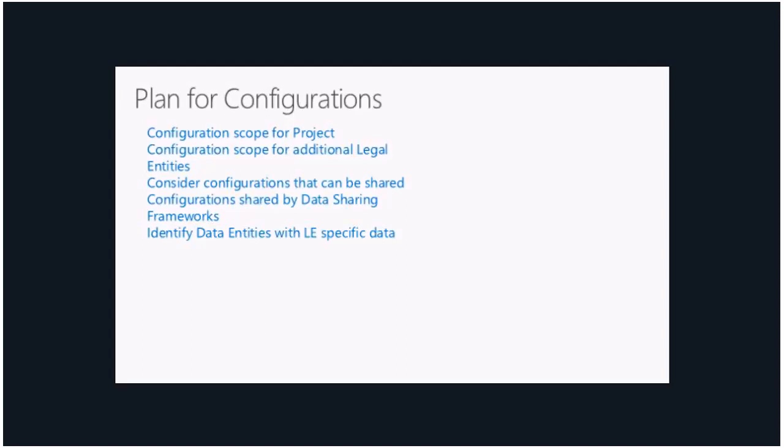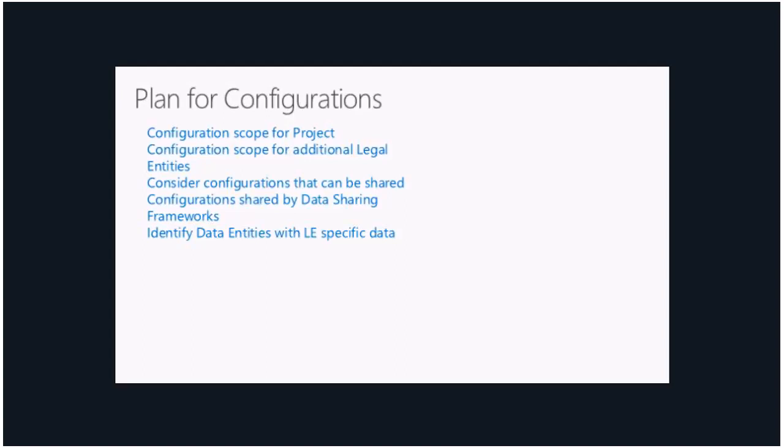So it's very important that when you do this exercise, you plan for your configurations. When I say that, it's planning for configurations that are in scope for this specific project, but also what you will do across legal entities. There are more technical aspects behind it.